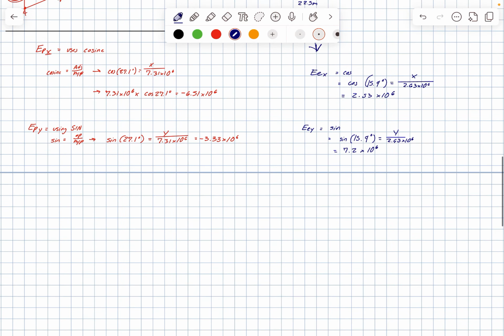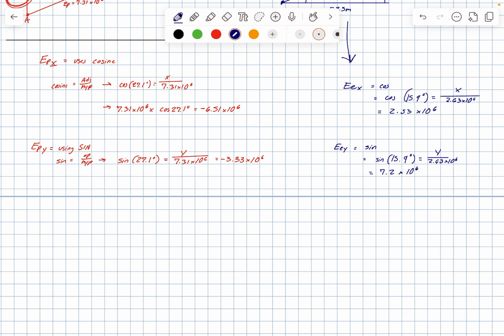Okay, so now we have 4 values here. We have 2 for our x, which is going to be up here, and 2 for our y, which is going to be down here. So our next step is to add our x's and then add our y's. Our total x component electric field is going to be the sum of EPX plus EEX.